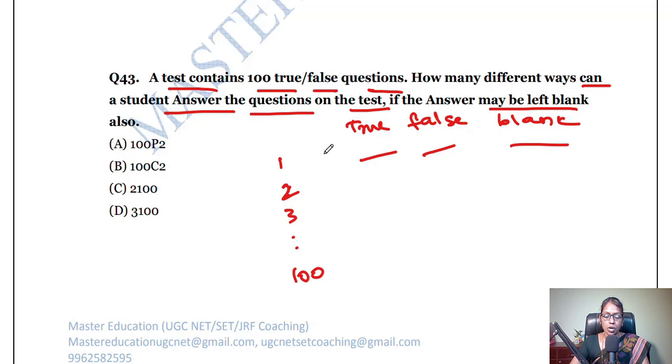For each question there are 3 options, so 3 power 1 first, then 3 power 2, which is 9 options. So 3 power 100 is the answer. This is not 300; 3 power 100 options are there to answer this question.